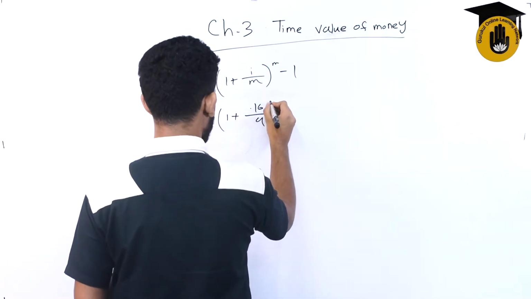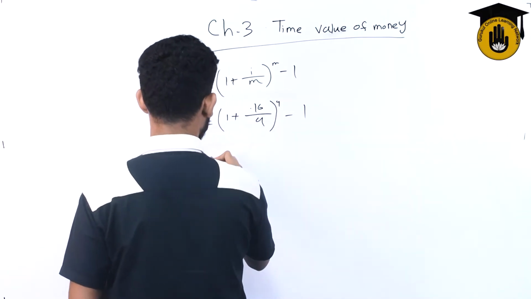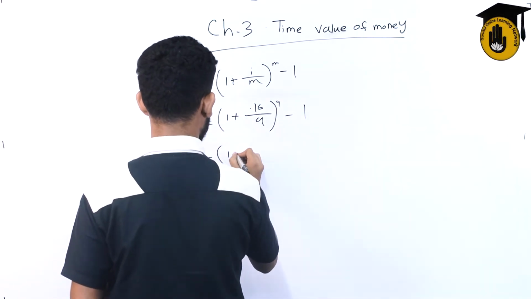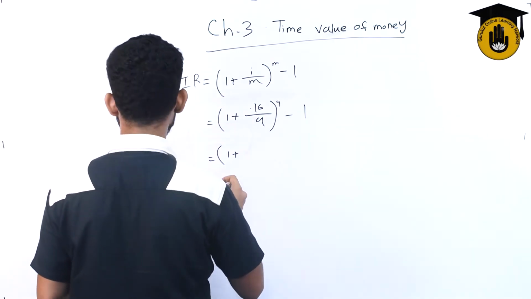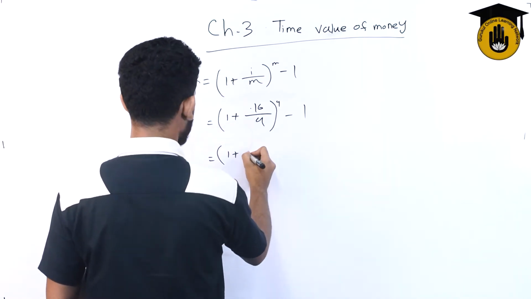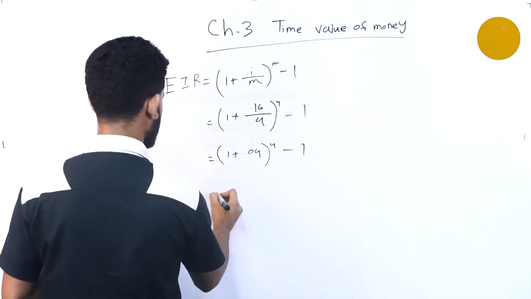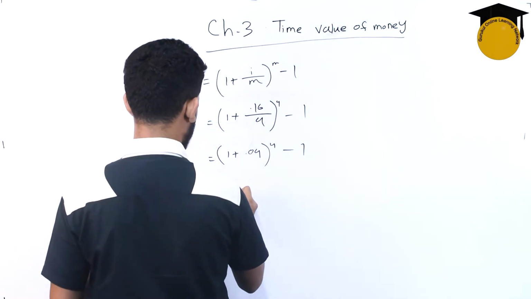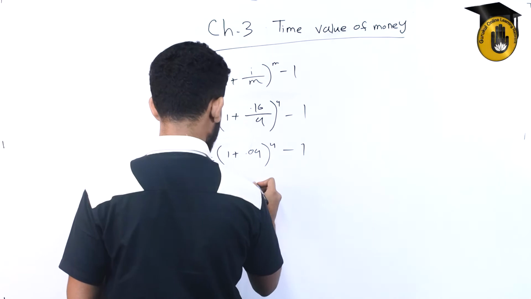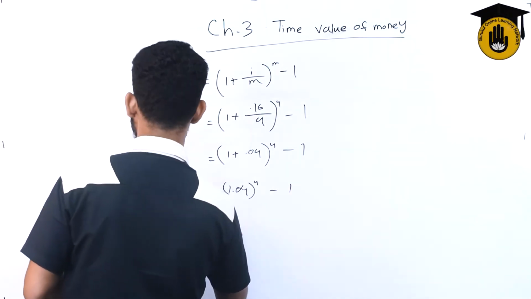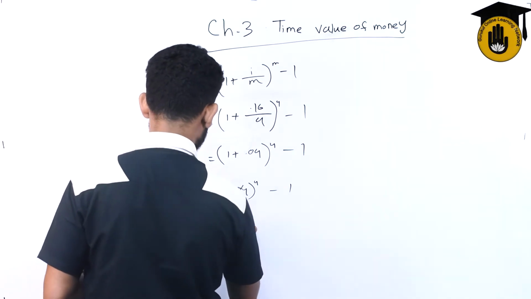So 0.16 divided by 4 stands up to 0.04, to the power 4, minus 1. 1 plus 0.04 is 1.04. 1.04 to the power 4 stands up to 1.169.